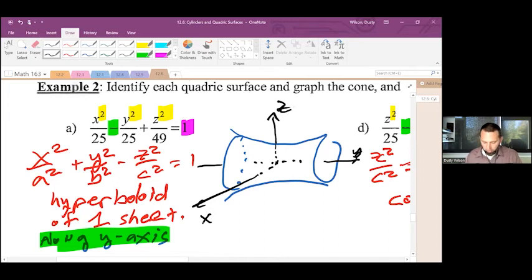And we could see that our x's are going to come out at 5 because we have x squared over 25. And our z's are going to come out at 7 because we have the z squared over 49. So there is our hyperboloid of one sheet.